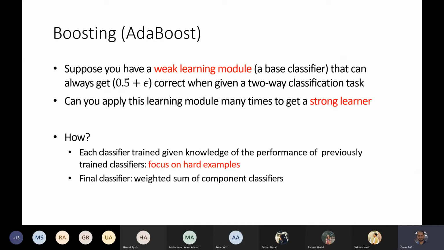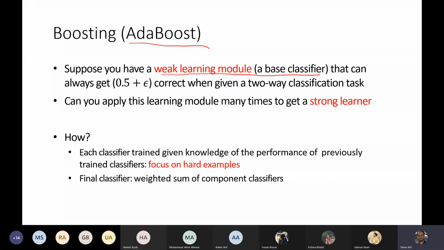What we're going to look at today is the algorithm AdaBoost. So what is this AdaBoost? Let's say we are given a base classifier, which we are going to call a weak learning module.